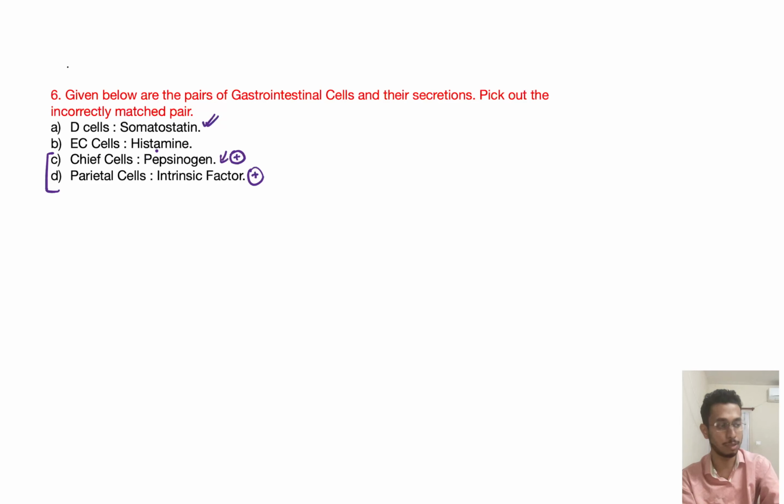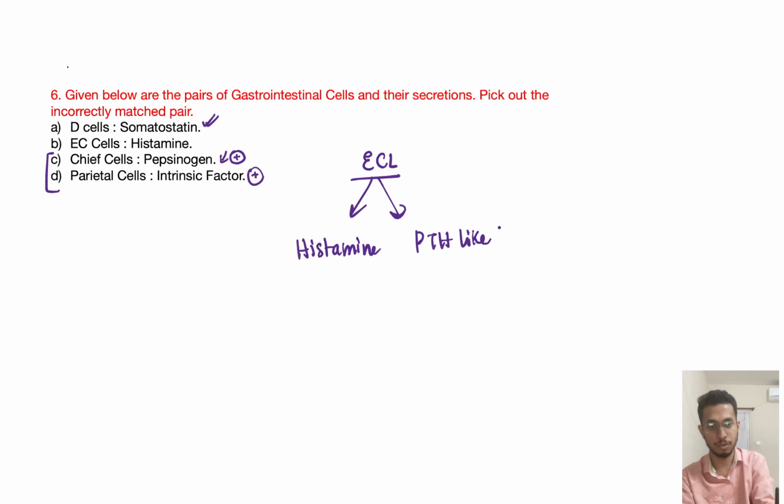What is the cell which is responsible for secretion of histamine in the stomach? Histamine is secreted by enterochromaffin-like cell, not the enterochromaffin cell. So, what is secreted by enterochromaffin-like cell? It secretes histamine as well as PTH-like hormone.